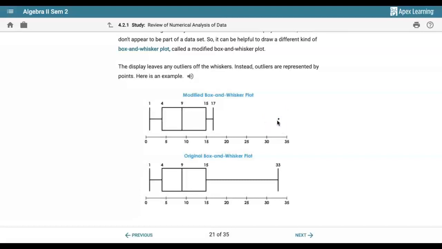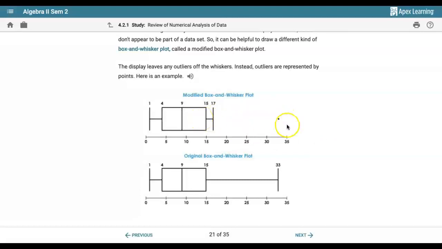Then you take your outlier out of consideration, and your whisker now becomes your next highest point that isn't an outlier. Apparently in this data set, the next highest point besides 33 was all the way down here at 17.